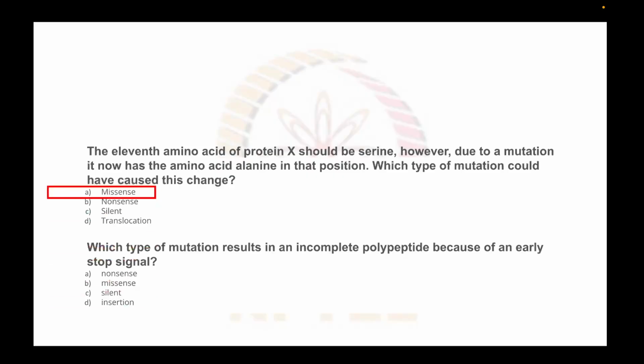So the first one is a missense mutation, which is a mutation that results in a different amino acid sequence or primary structure in the product. The second question is, which type of mutation results in an incomplete polypeptide because of an early stop signal?